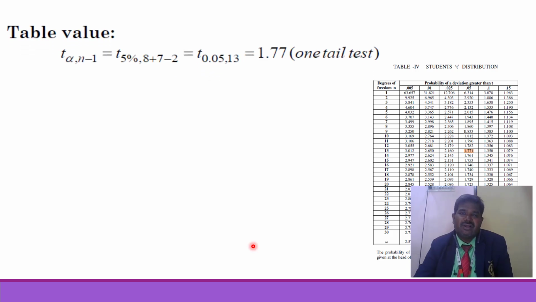Now the table value with degrees of freedom 13 and 5% level of significance is 1.771.